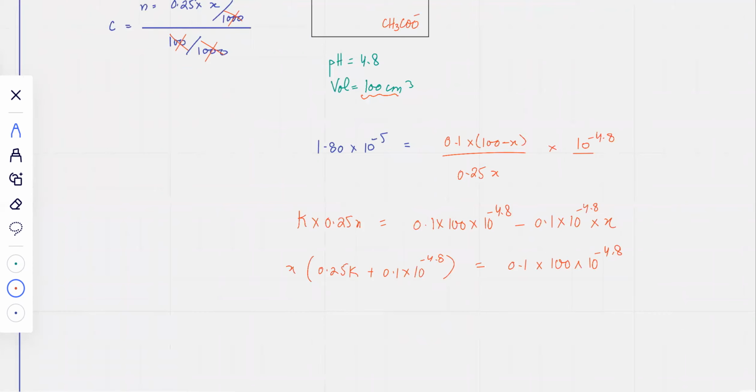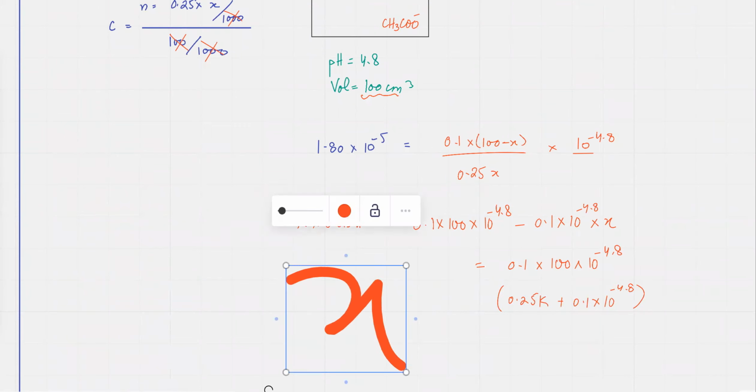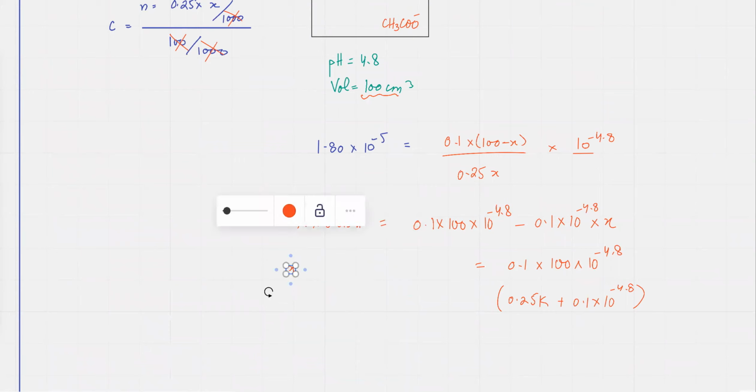And this entire thing has to be moved, so this is your expression now.